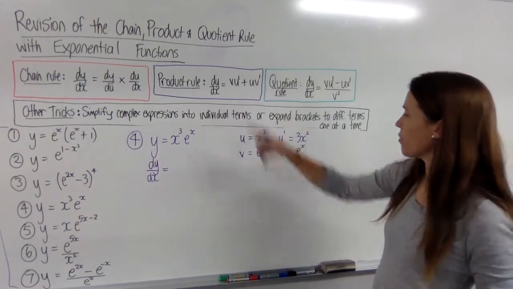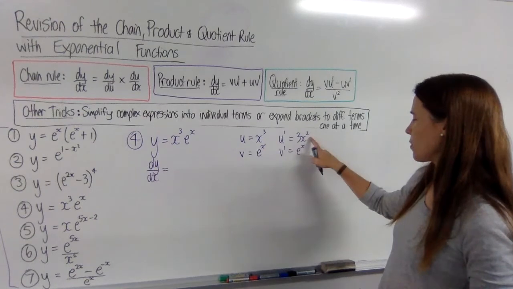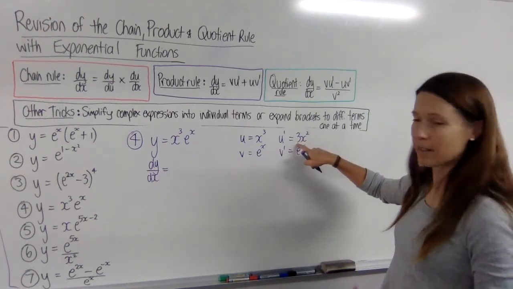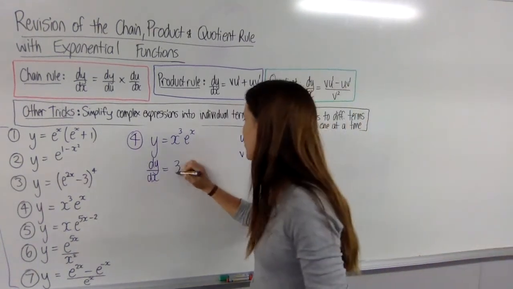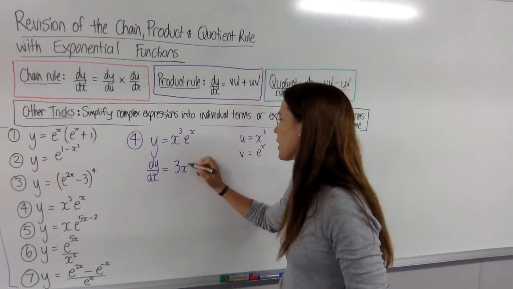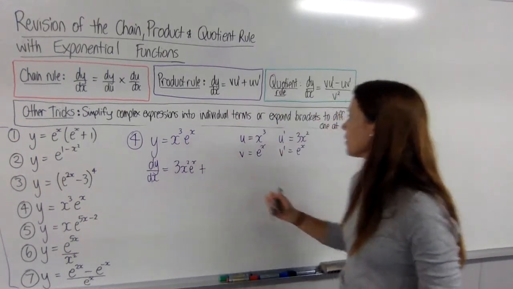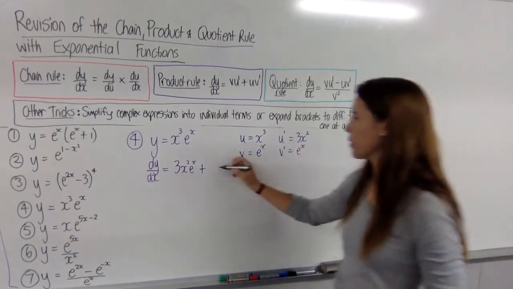So I've got v times u dash, so I've got this times this. Now what to write first? It's up to you. I tend to like writing the basic numbers first, like the 3, and then the other 2 bits, it doesn't really matter too much. Let's write 3x squared e to the x. Then we need to add x cubed times e to the power of x.